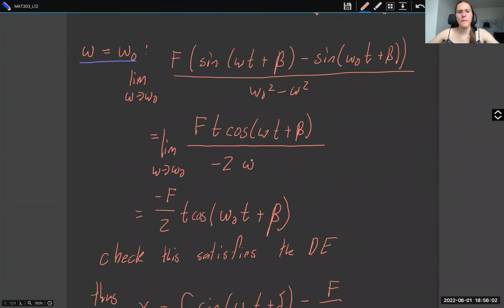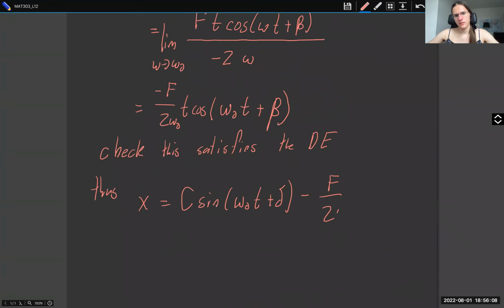Sorry, there's an omega here. Times t cosine omega naught t plus beta.